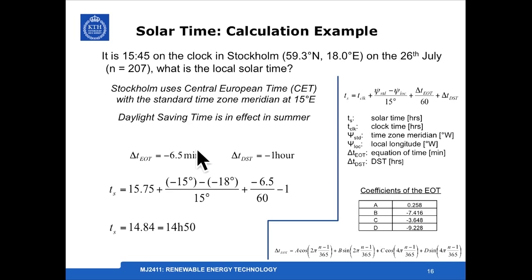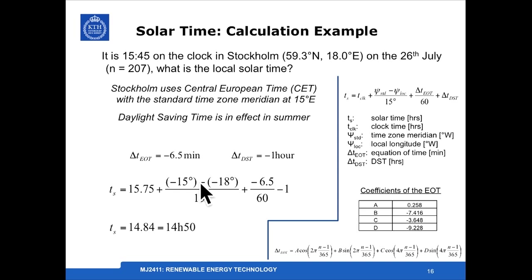So the first thing is we need to calculate these correction factors. The first correction factor, and the easiest to calculate, is the equation of time, which is just replacing the coefficients for the specific day 207. That will yield a difference of minus 6.5 minutes. Then the daylight saving time, which is minus 1 hour, because we are behind the clock.